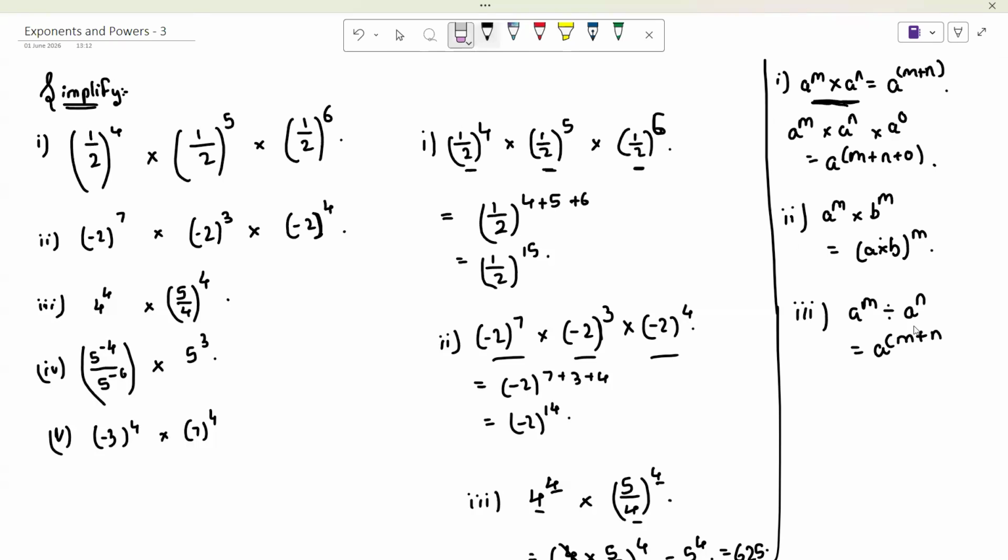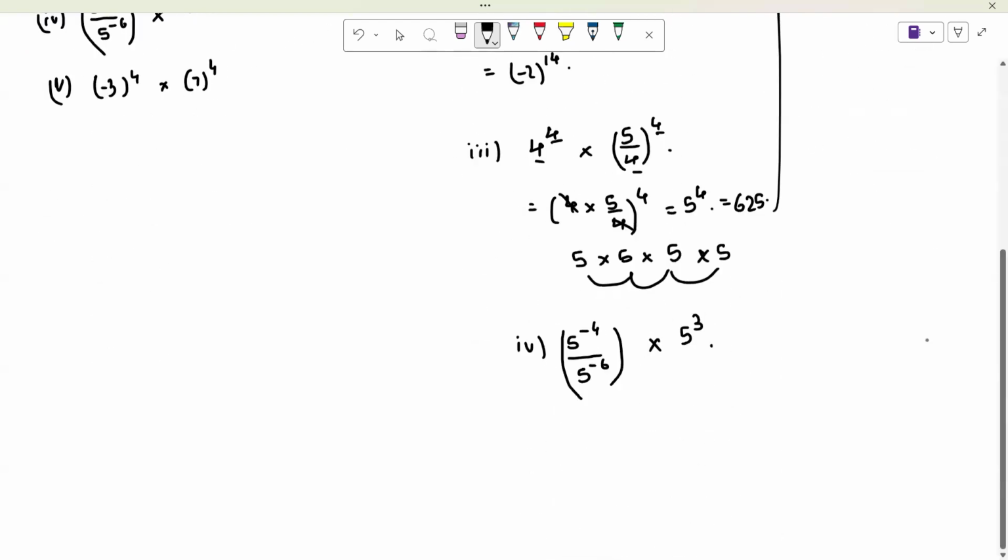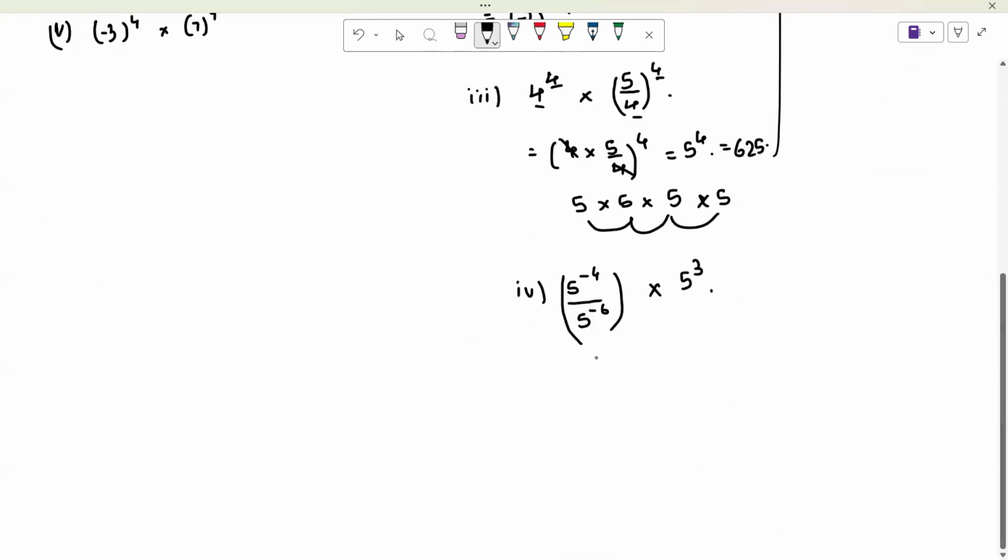So that is just like the multiplication that we did of same base and different powers. Here we're just doing subtraction. So a power m divided by a power n, which means same bases but different exponents, is equal to a power m minus n. So let's implement it. Here we'll simplify this first and then we'll multiply it with this.